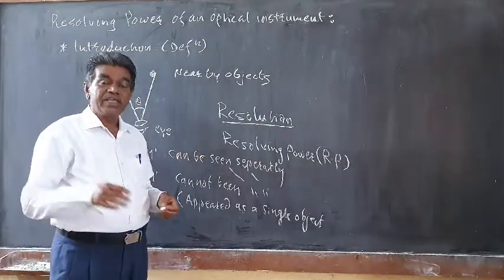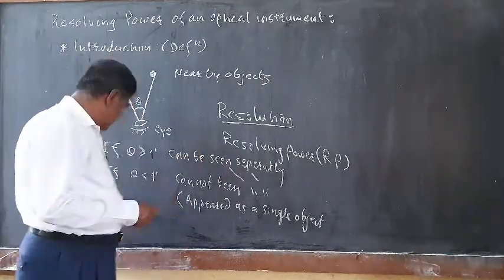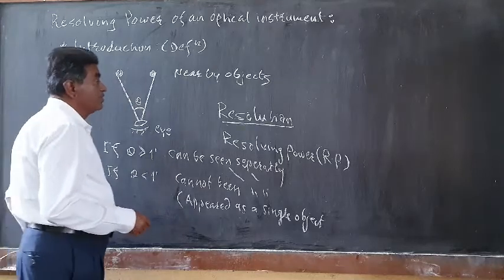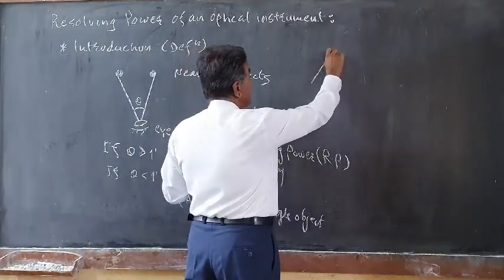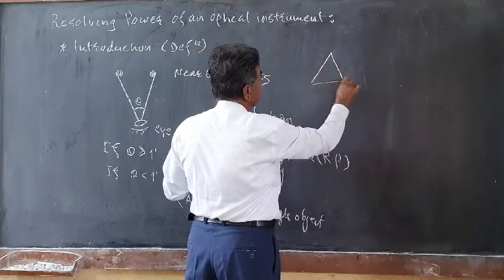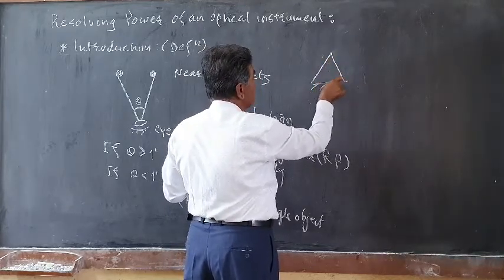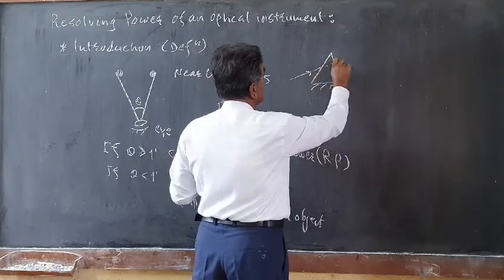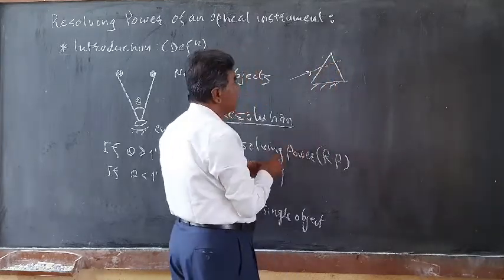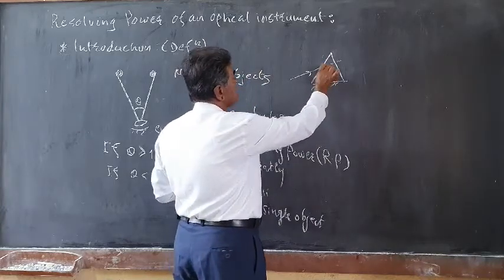In case of spectral lines, for example, in case of the prism, suppose this is the prism and this is the base of the prism, and white light is incident on the prism. We are getting different colors here.